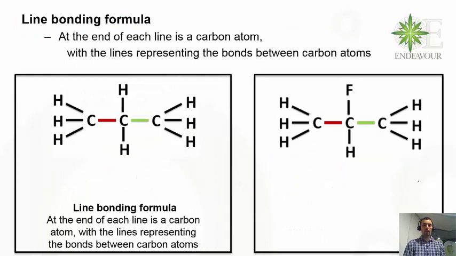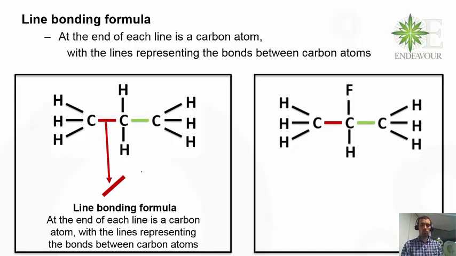So let's see how we can interchange between the complete formula, where we've got the structural formula showing all of the covalent bonds, and turning that into a line bonding formula. So let's do the one on the left hand side first. So the first bond between the carbons there, it's shown in red, becomes the first line.